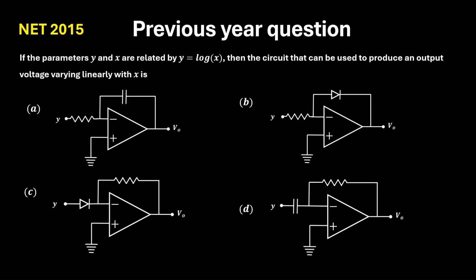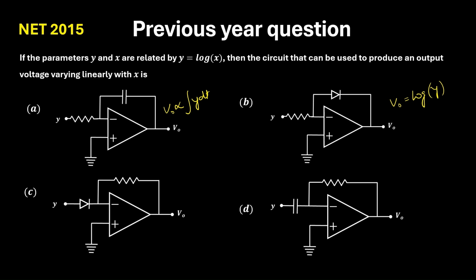Option A is an integrator circuit, so V naught will be directly proportional to the integration of y dt. What about the second circuit, option B? This is a log amplifier, so V naught will be equal to log of y. Here y is the input.